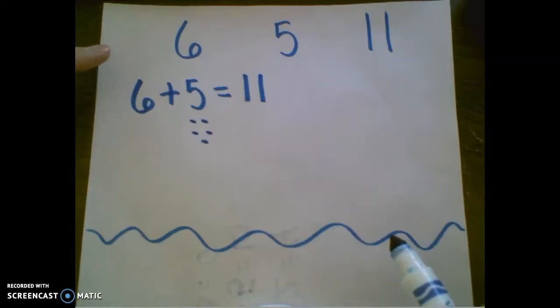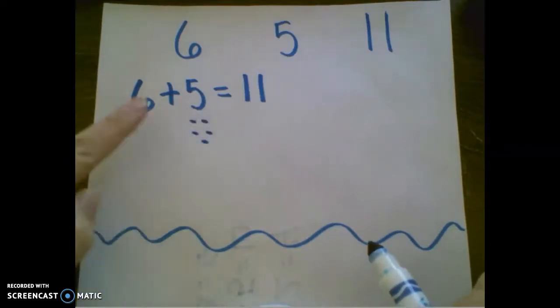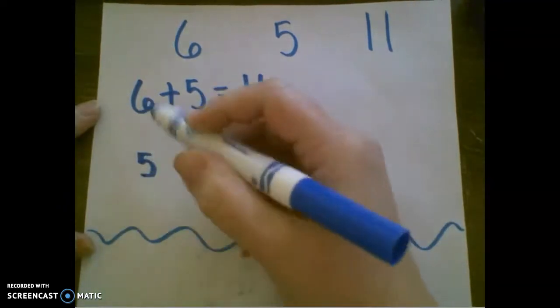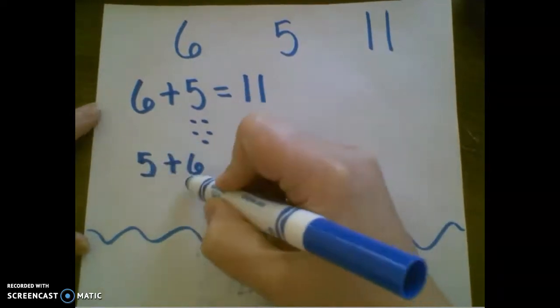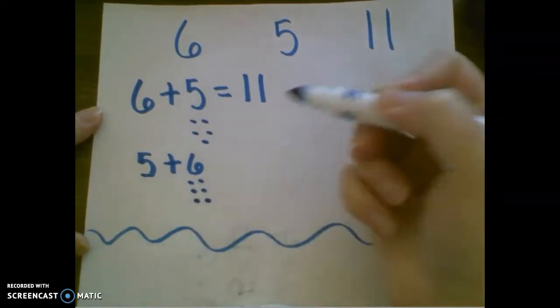I'm going to see if I can make all of the equations for my fact family or related facts. So if I know 6 plus 5 equals 11, well, if I just switch these 2 and flip-flop it, and I have 5 first, and then I add 6 more, 5, 6, 7, 8, 9, 10, 11.